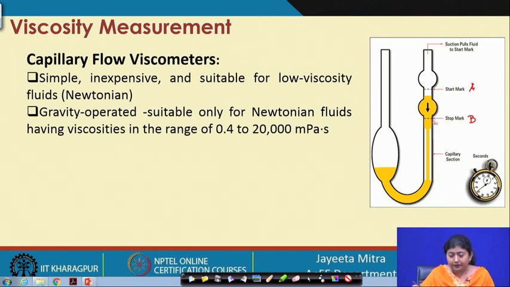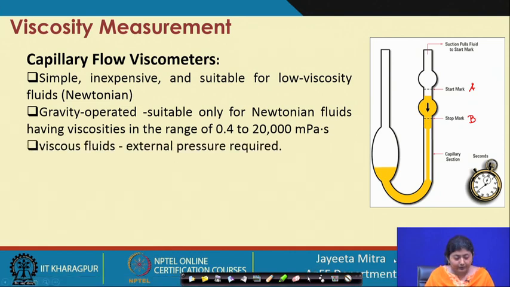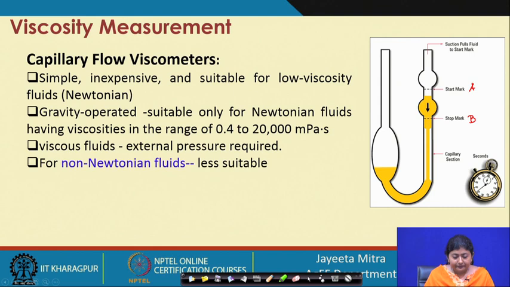However, for non-Newtonian fluids this is not suitable. The reason is that in the capillary flow viscometer we can't maintain constant shear rate.